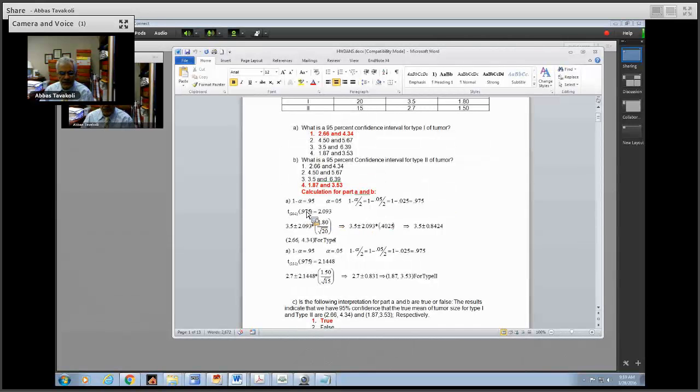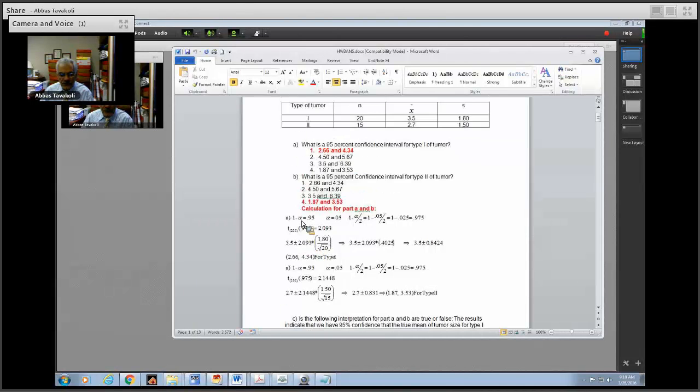Basically, 1 minus alpha, which is our confidence level, was 0.95. Therefore, your alpha is 0.05. 1 minus alpha over 2 is basically 1 minus 0.025, which is 0.975. From the T table, t with 19 degrees of freedom at 0.975, you find 2.093.